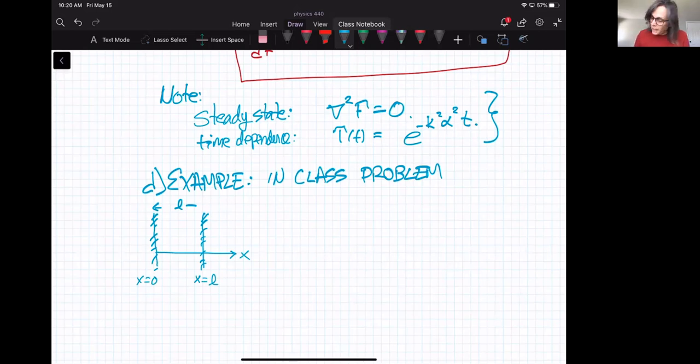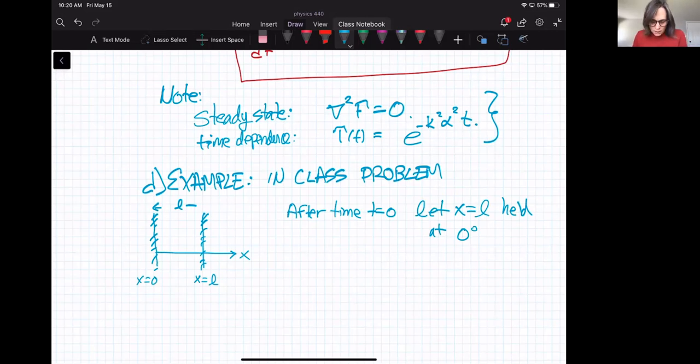And at or after time t equals 0, we're going to let x equals L be held at 0 degrees centigrade. Okay.